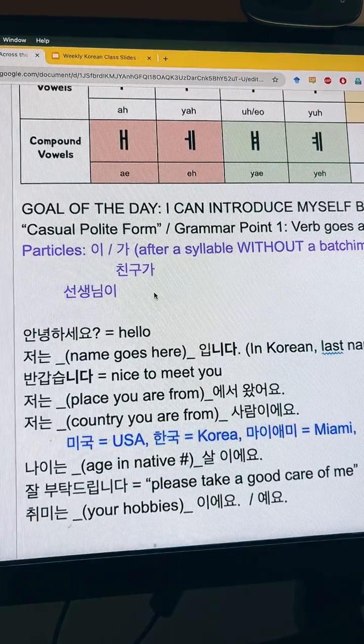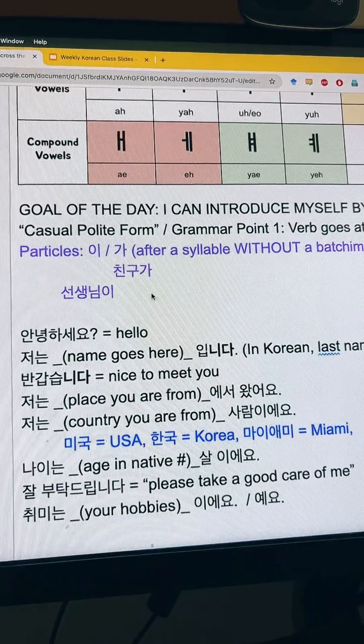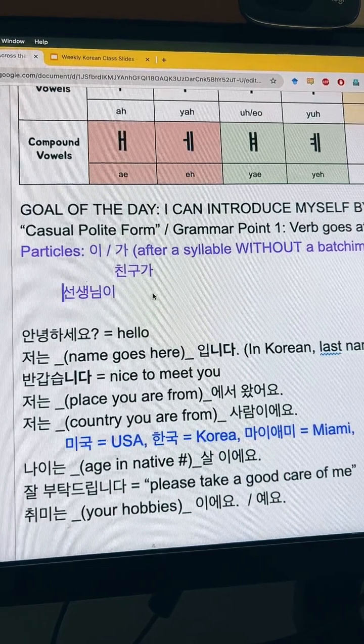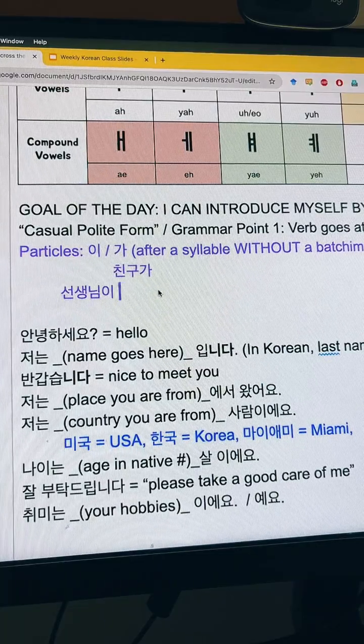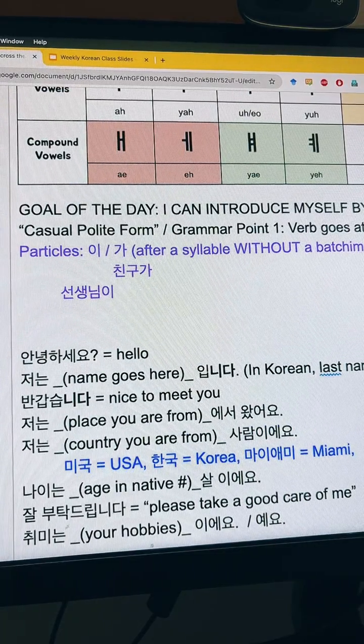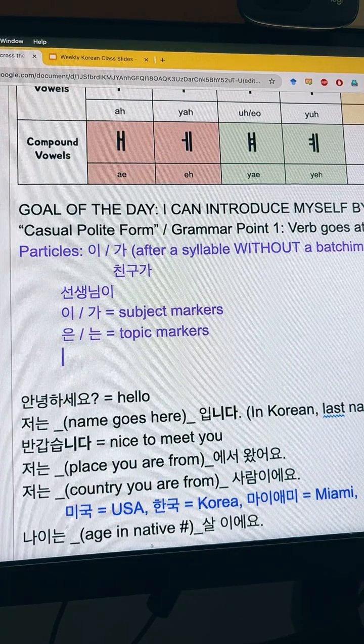And then Bria asks when to use 이/가 versus 는, 을. Okay. So particles, yes, and Bria, totally understand particles are not easy. So 이/가, I'd say, are the subject markers. 는 are the topic markers. And by the way, markers can also mean particles.